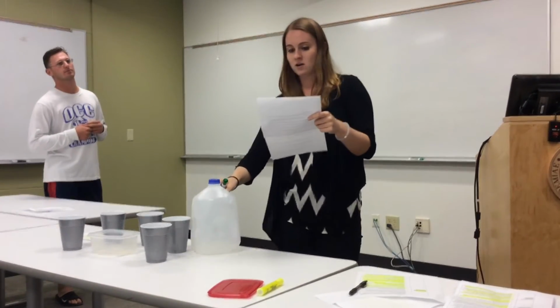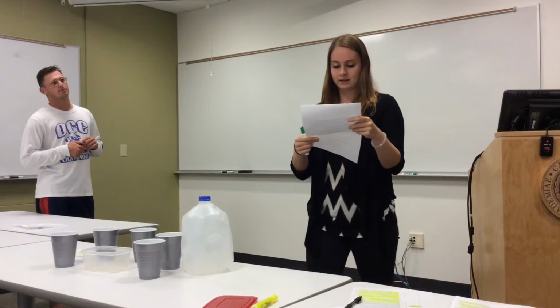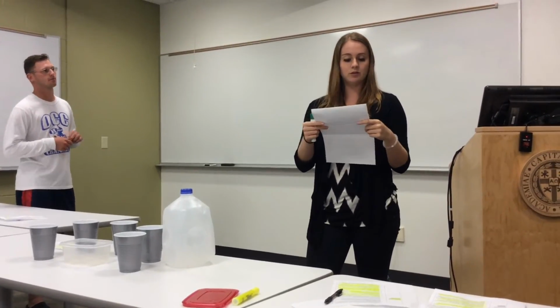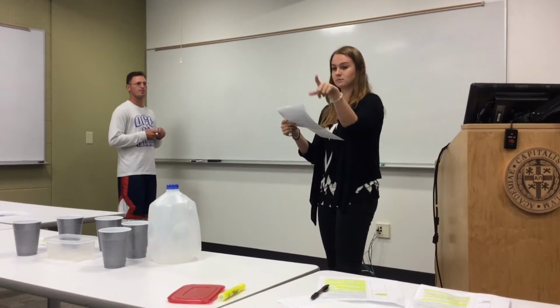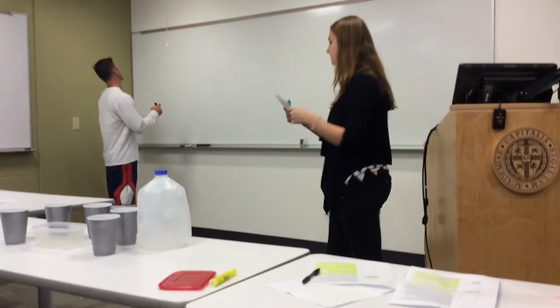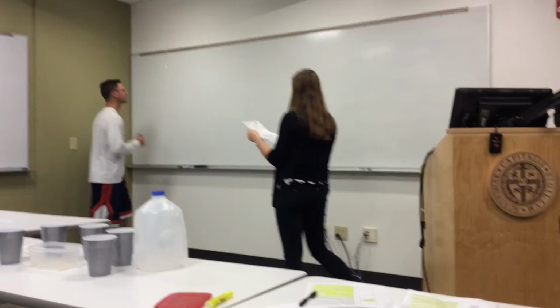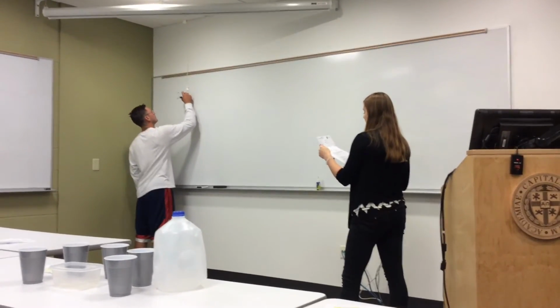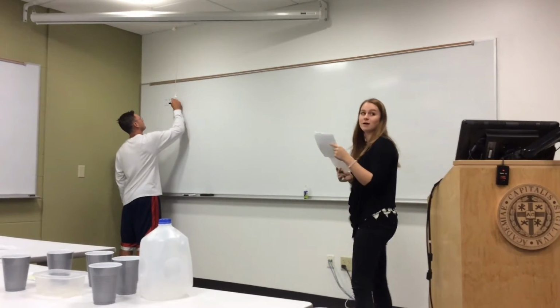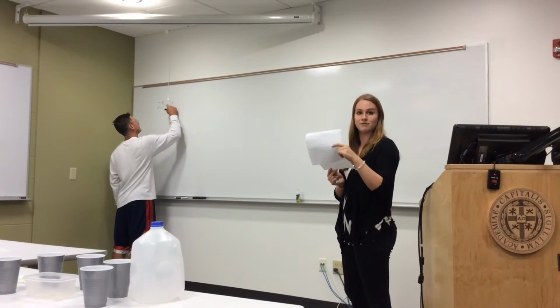So let's look at our fact sheet. How many gallons do you use when you use your washing machine? 25 gallons per load. Awesome. So we're going to set up the math problem with 25 gallons, and we're going to multiply by what number? 5. Awesome.